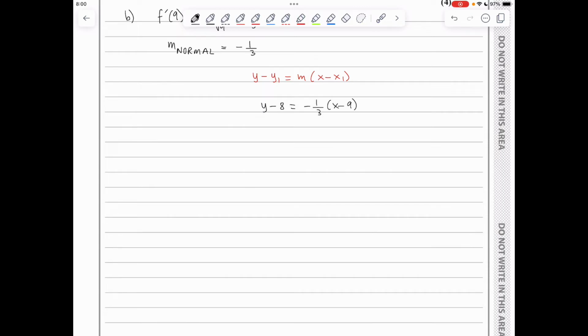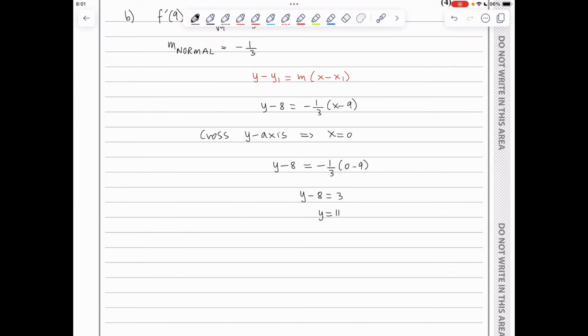We are looking for the cross on the y-axis, so if we cross the y-axis, this means that x is 0. So I will be substituting x is 0 in the equation of the straight line, which leads to y minus 8 is minus a third times (0 minus 9). Therefore y minus 8 is equal to 3, which leads to y being 11.